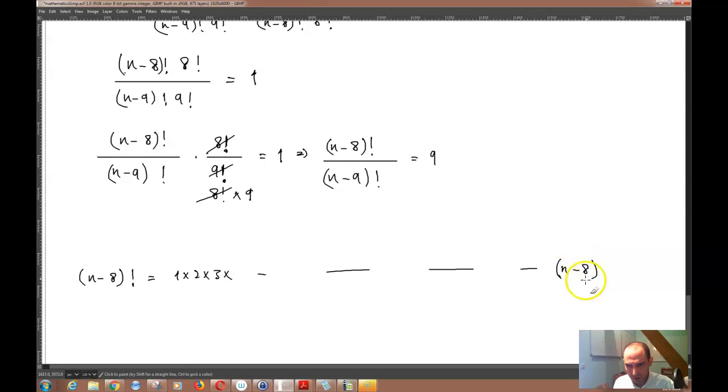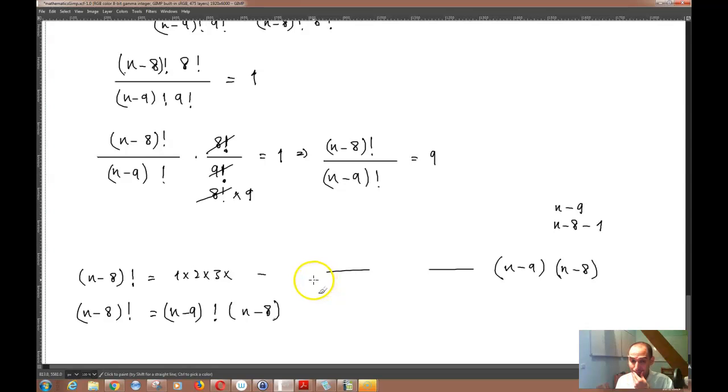To get the term before this, you have to subtract a 1 from this term, meaning you would get n minus 8 minus 1, which is n minus 9. So n minus 8 factorial, I can write it as n minus 9 factorial times n minus 8.